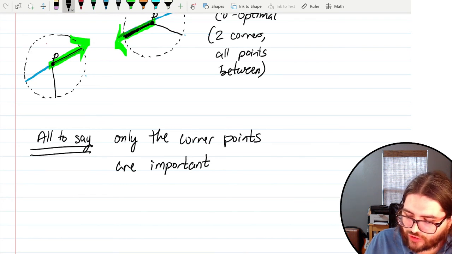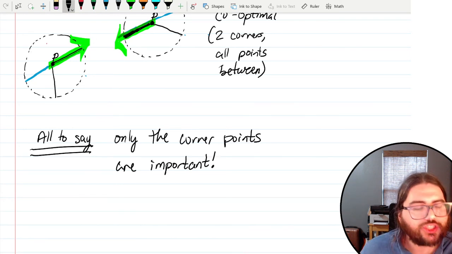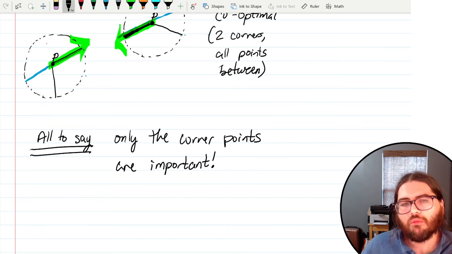We don't need a big giant picture. We don't need to shade in, right? Once we've found the region, give me the corner points of that region. You still need to do your shading to figure out which direction you're shading and where the corner points even are. But once you find those corner points, you can kind of throw your picture away, right?